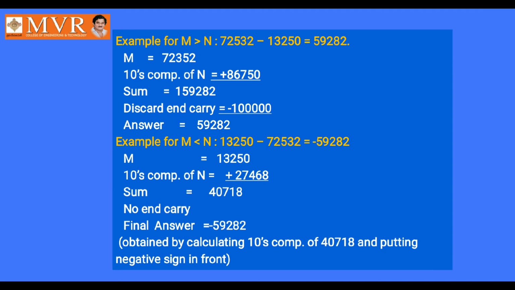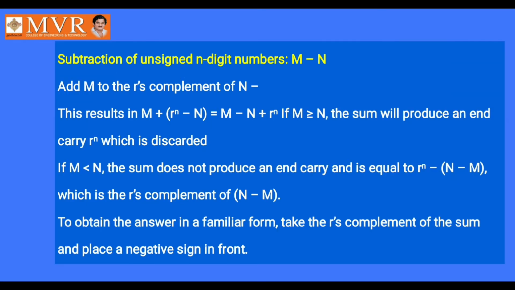So if no carry is generated, what is the procedure? We have to convert the result into its 10's complement. So if no end carry is produced, the final result is the negative of the 10's complement of the sum.